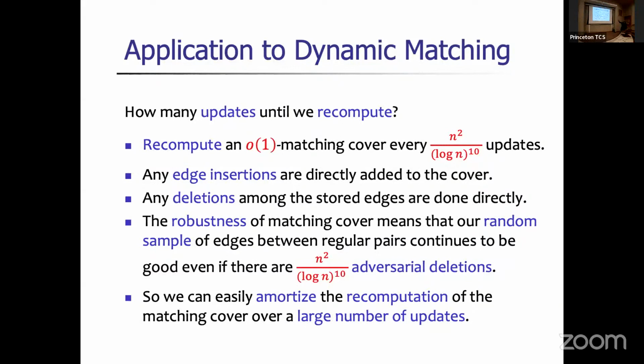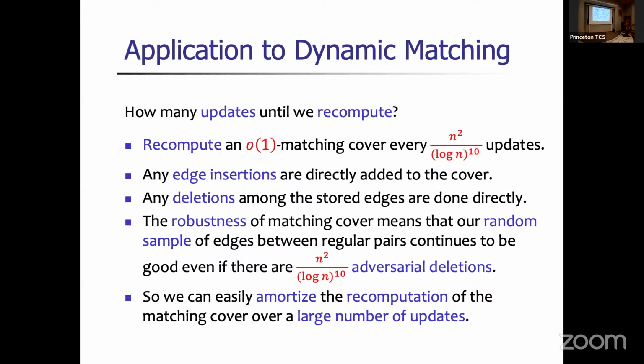Once you have a matching cover, for the next n squared over log n to the 10 updates, anything you insert, I'll just add to the matching cover, so things are going to remain good. Any deletions you do, I will delete from the matching cover. But since our cover is robust, it can handle n squared over log n to the 10 deletions.